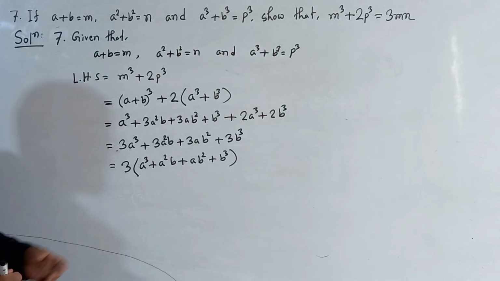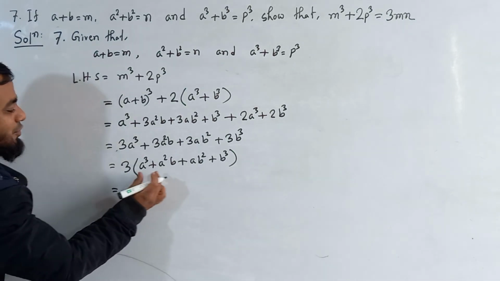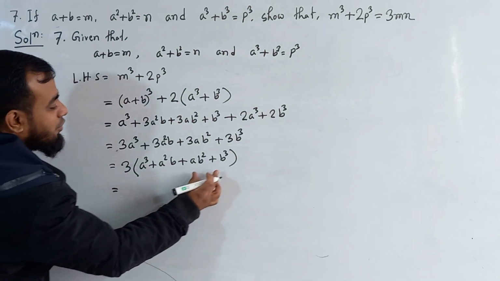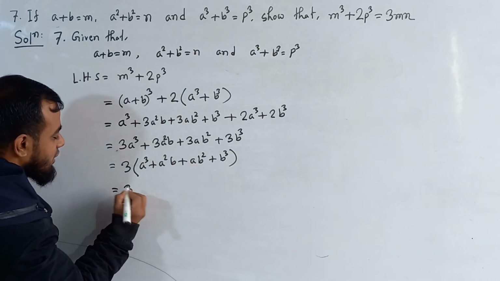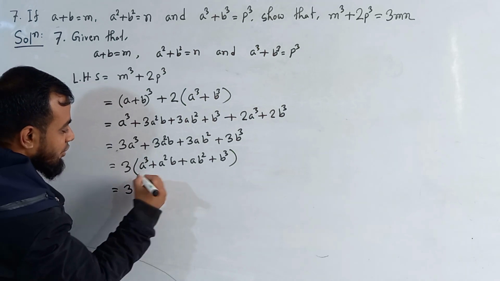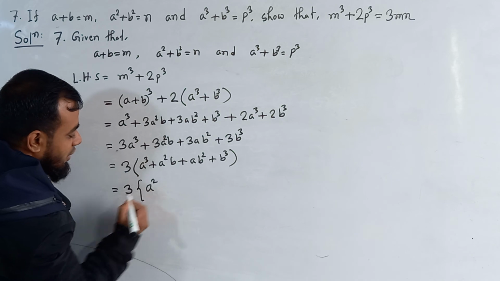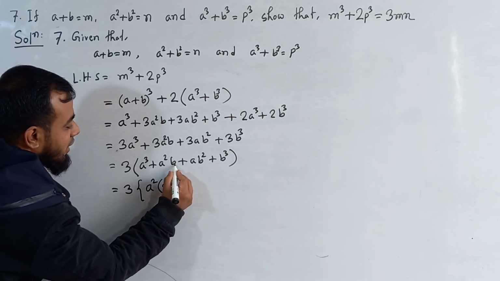Now in the right side we need also m and n. That is why from these two terms we can take a squared, and from these two terms we can take b squared as common. So if we take as common, it will be what? I am taking the second bracket in the place of the first bracket because I am going to take common from the first two terms. It's a squared we can take as common, then it will be a in the first term and b in the remaining from the second term.